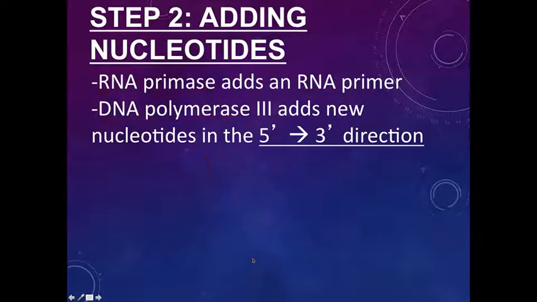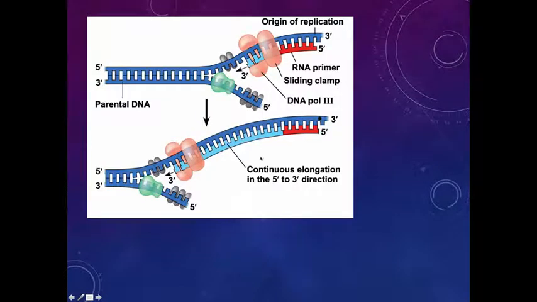So if we take a look at our image here, the RNA primase is going to add an RNA primer. So what you see right here in red is actually not DNA. This dark blue is the original DNA strand. This red represents the RNA primer that's been created. So RNA primase lays down the RNA primer.